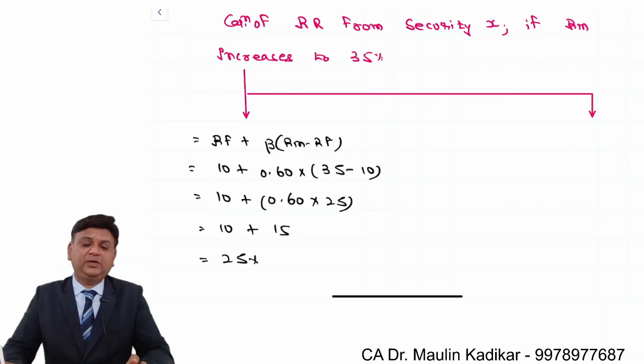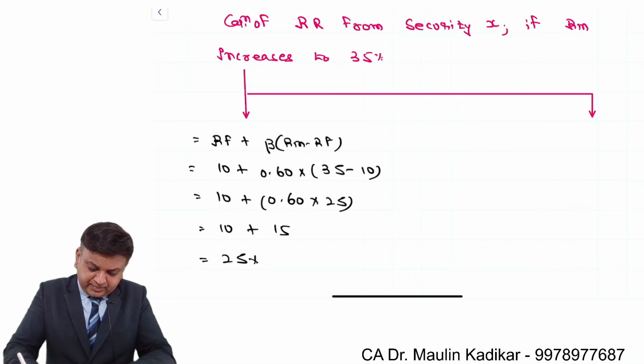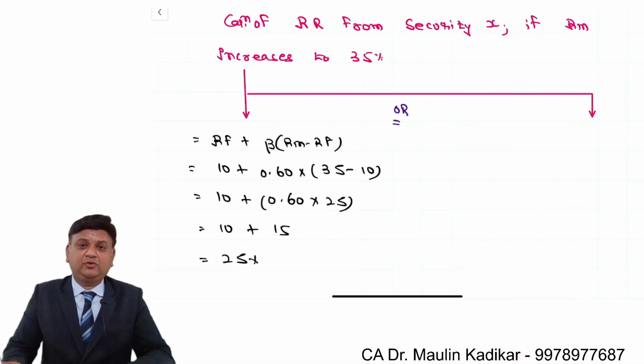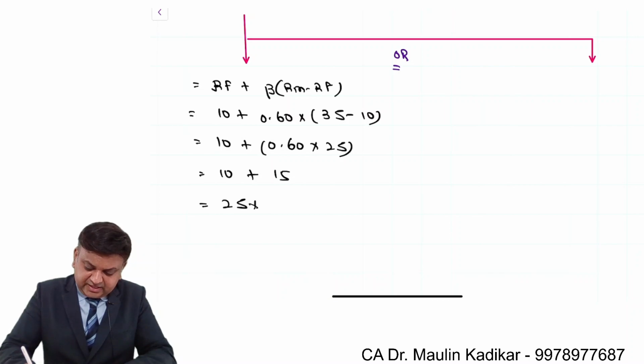Now the important point of the question starts. Everybody is requested to pay attention. This answer can be calculated with an alternative method which I want to discuss in detail. We understand the relation between beta and change in return.